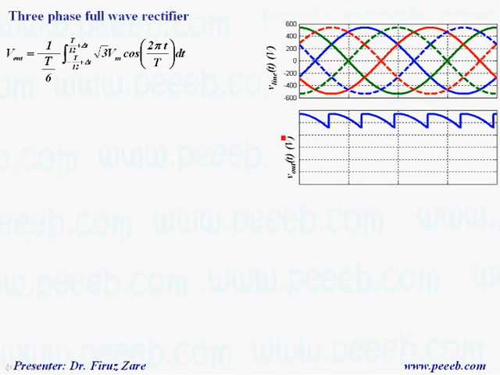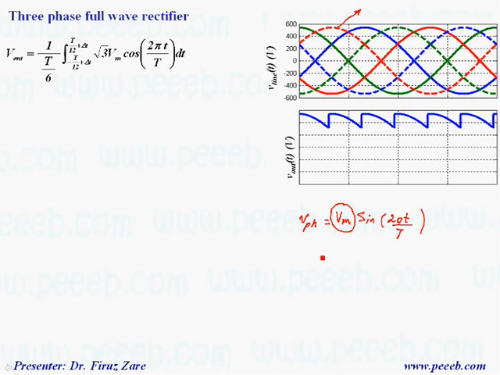In order to find the output voltage in a simple way, we can actually change the time axis. Because the input line voltage appears across the load, if the phase voltage is Vm sin(2 pi t over T), that means the peak value is Vm.